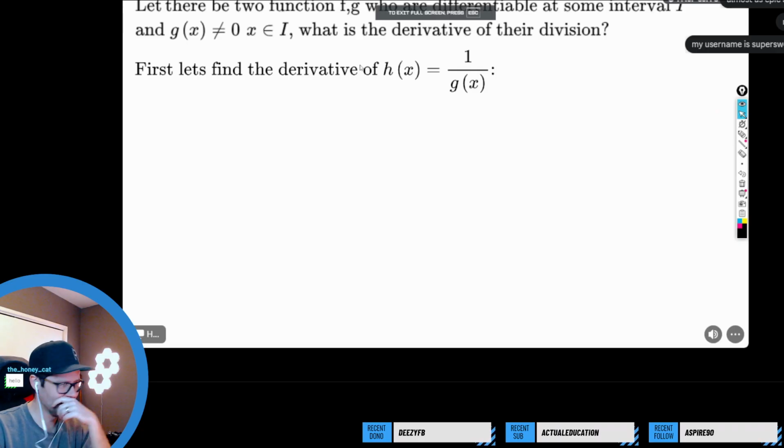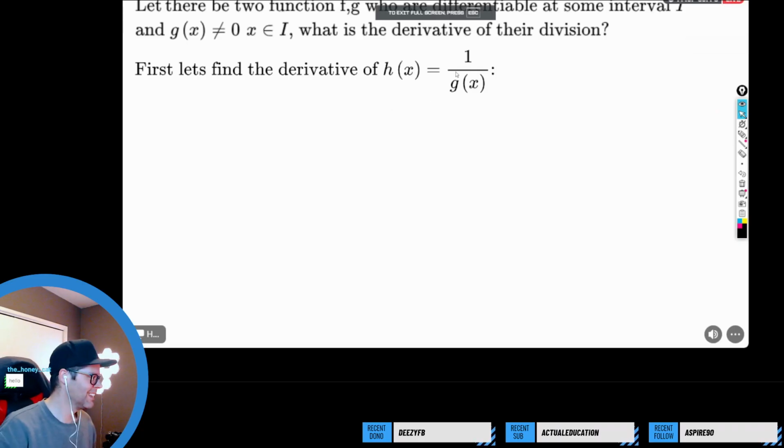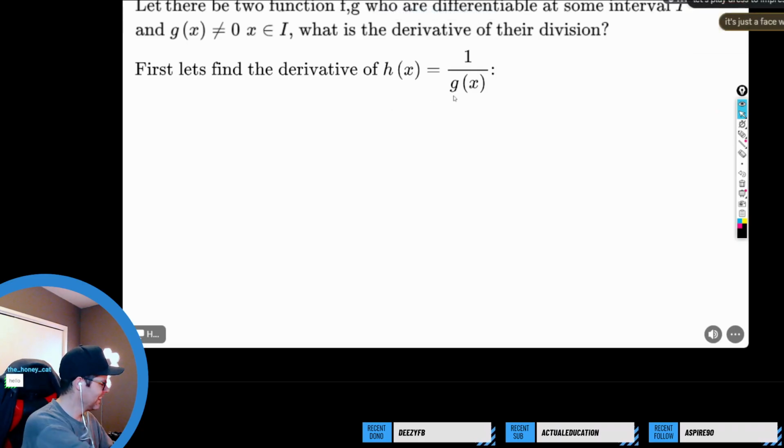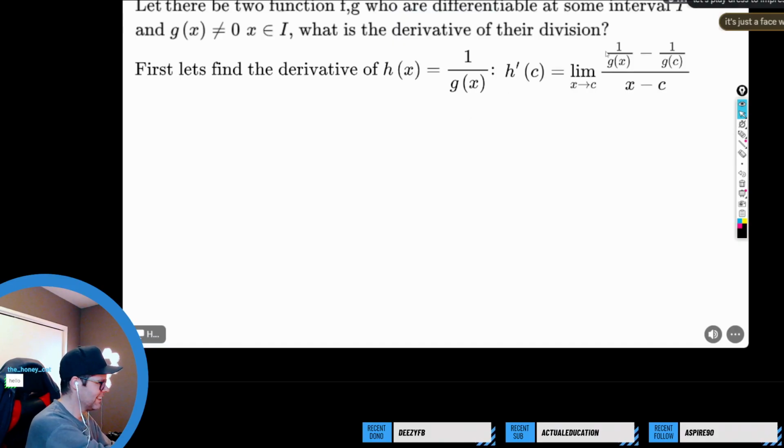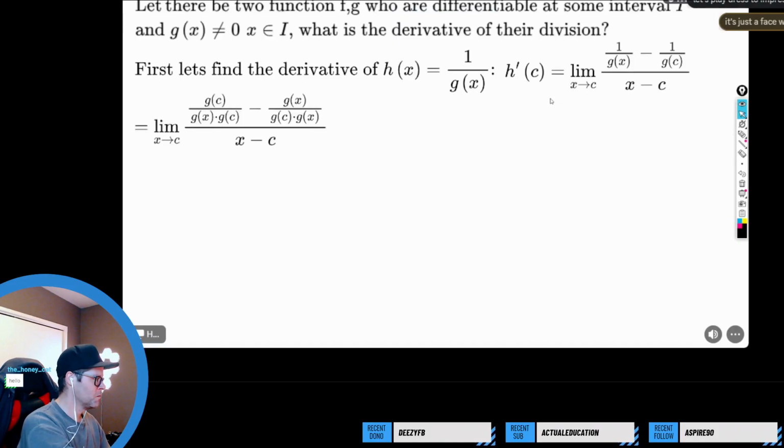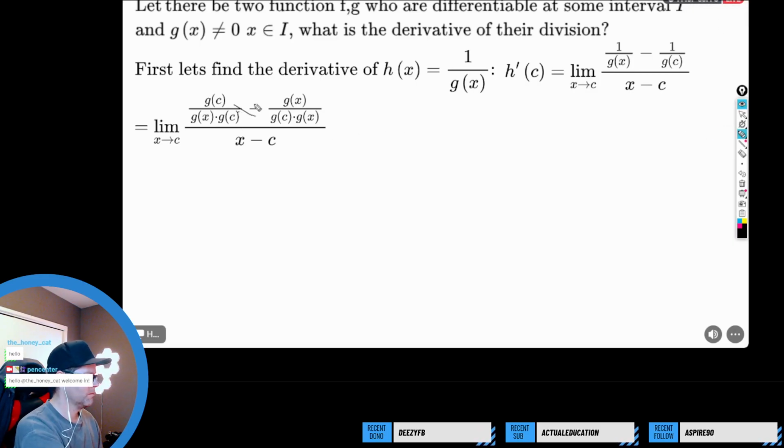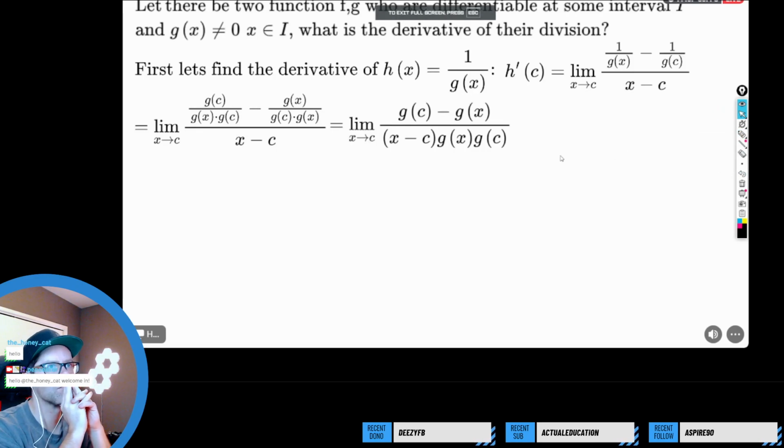The first one will be of 1 over g of x, which if we take and then multiply like in a cross like this, we can get g of c minus g of x over x minus c.